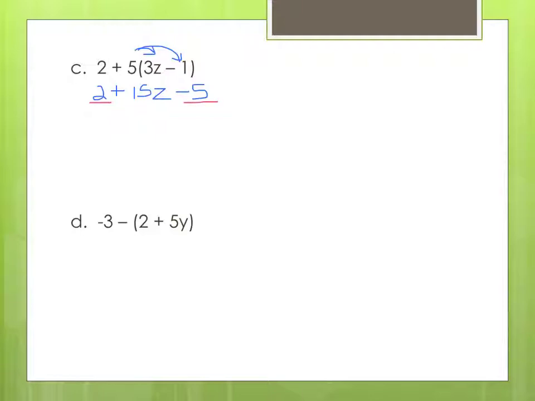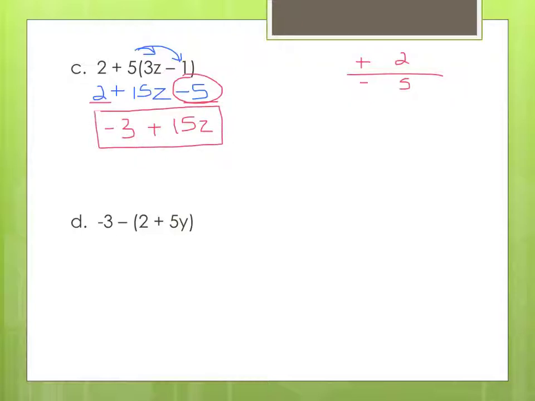So I can combine that with another constant. So 2 plus negative 5, make sure you keep that sign with the number. So 2 plus negative 5, positive 2, negative 5. I would cancel pairs, so I have negative 3 left, plus bring down my 15z. Now since 3 is a constant, does not have a variable, 15 has a variable z, those are not like terms, so I would leave it like that.